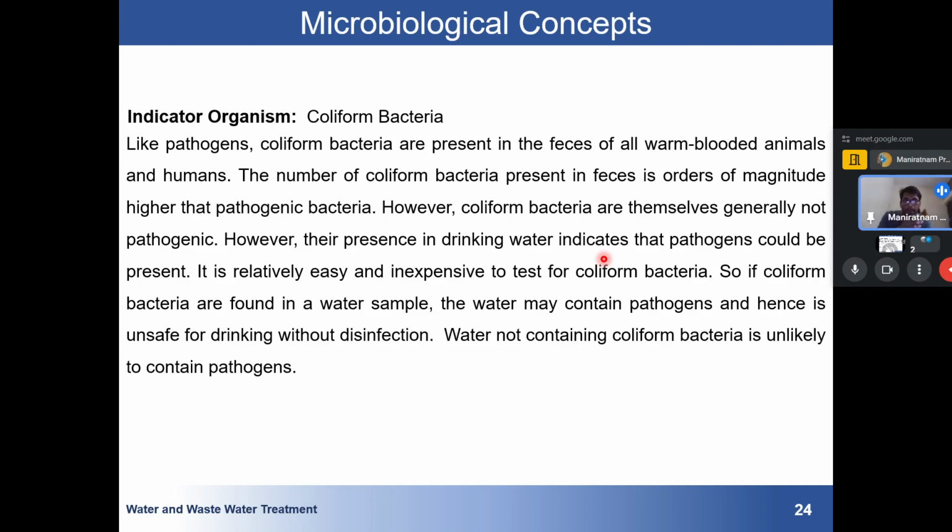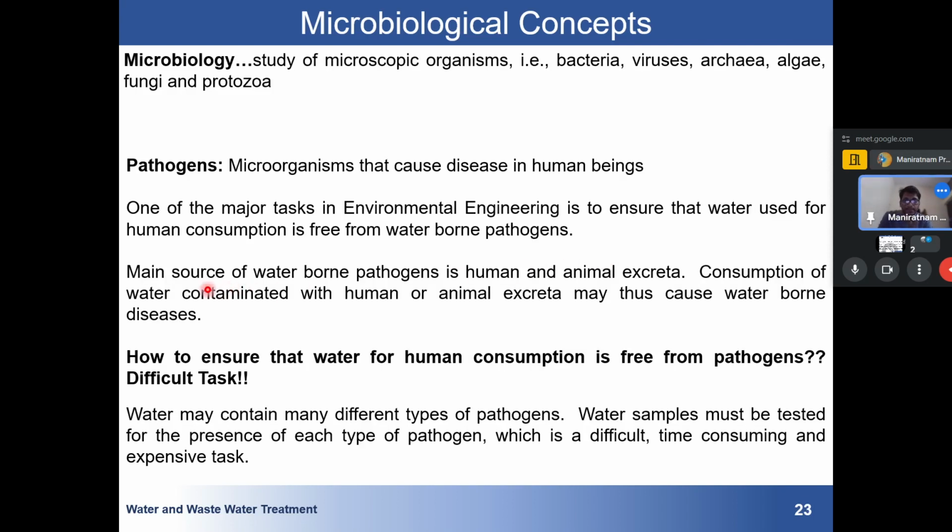Now, suppose you have tested one water. Remember, what did I say? That the main source is human and animal excreta, and all the waterborne diseases are due to this human and animal excreta. These excreta contain coliform bacteria and also pathogenic bacteria.